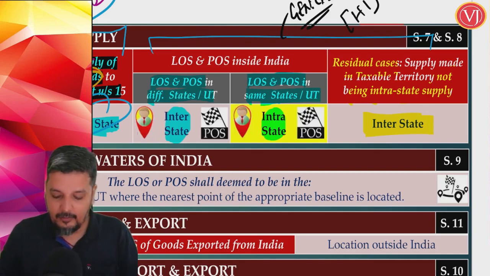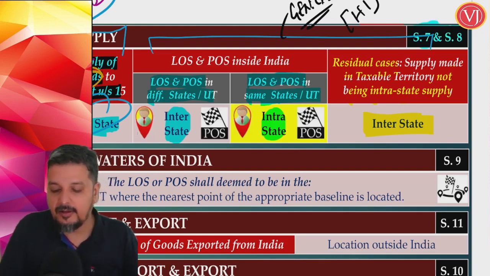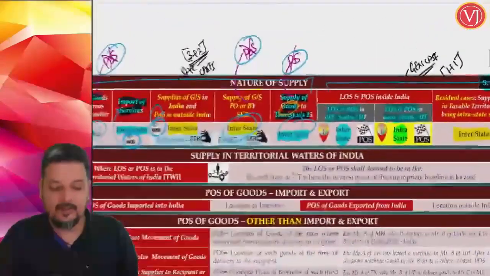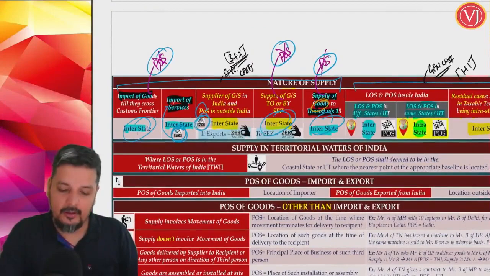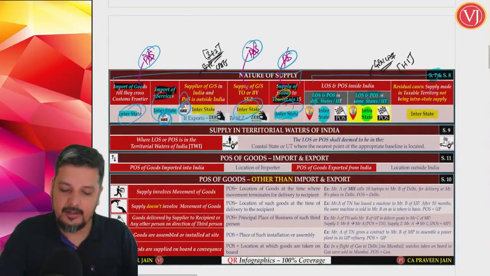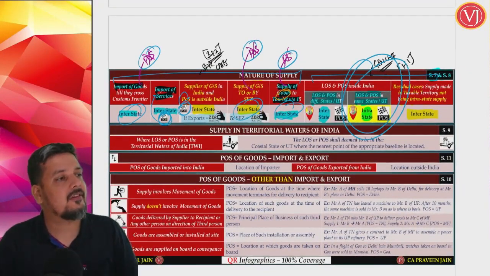Section 7 read along with section 8. Interstate supply and intrastate supply. If you see all these cases, there is only one case which is intrastate supply. Everything else was special cases.